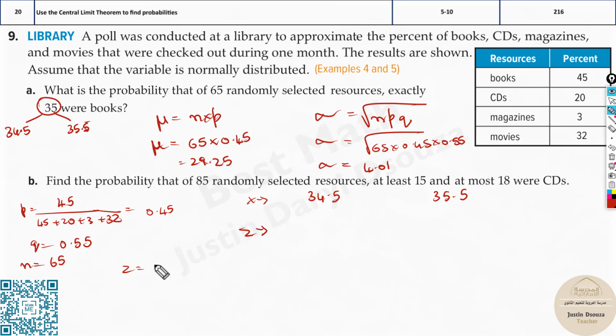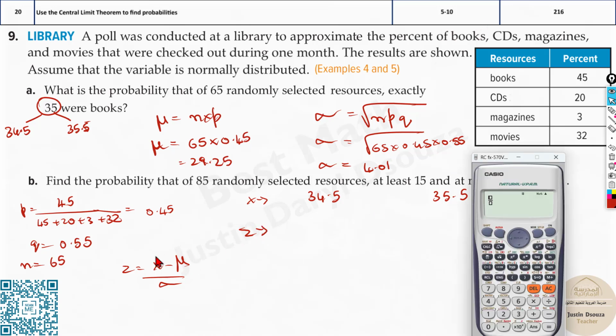Now let me find the z value. Z value is given as x minus mu divided by sigma. Now we will use the calculator to solve the z values. Here all you need to do is type in the first one, 34.5 minus the mean, 29.25, divided by sigma, the standard deviation, 4.01.